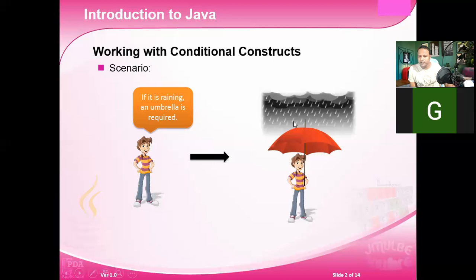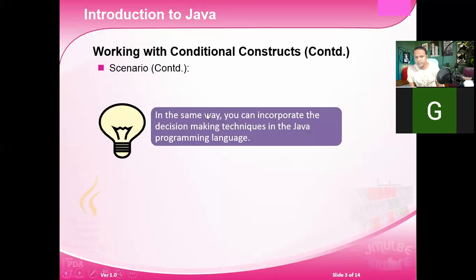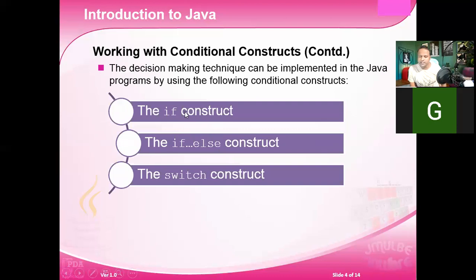In a similar way, the decision making technique can be implemented in a Java program by using the following conditional constructs. We are using three types of conditional construct: if, if else, and switch.